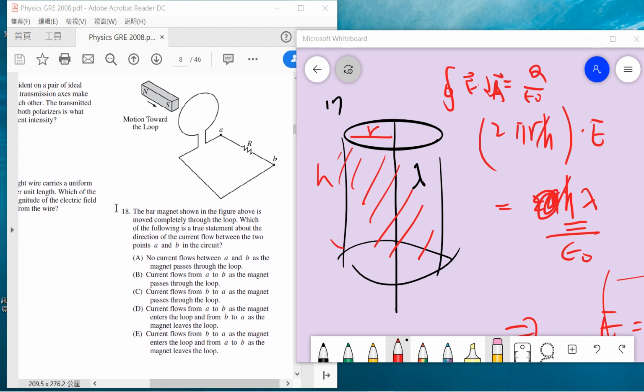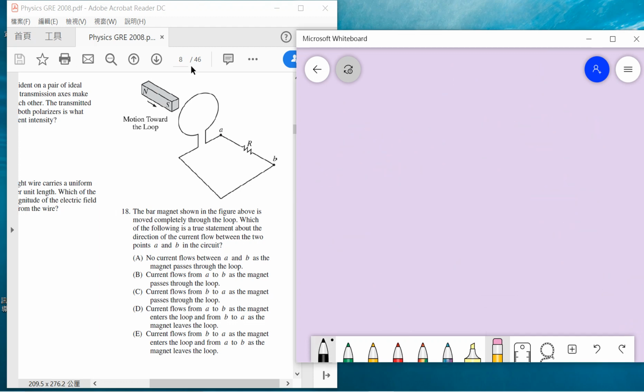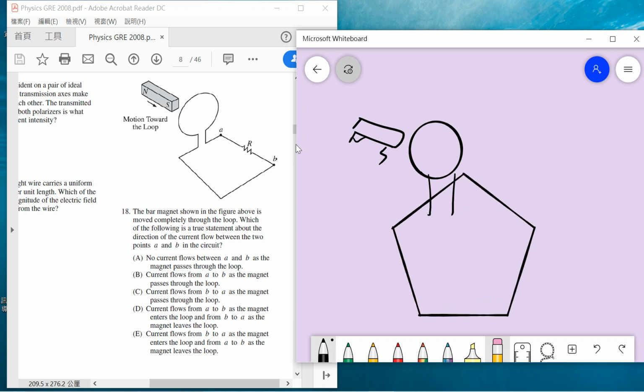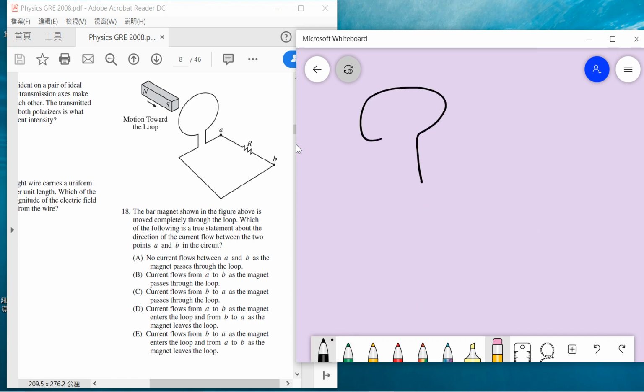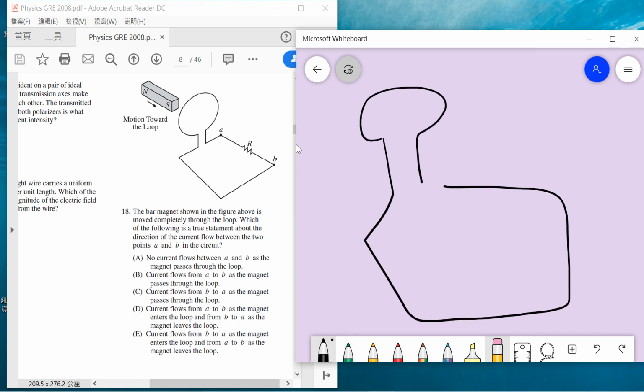Okay, 16. So 18. 18 is just Lenz's law. Basically, okay, let me quickly draw a figure. If you have some NS, and I should draw it as a straight line.